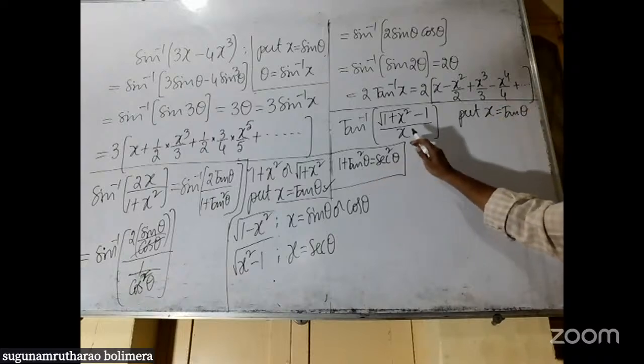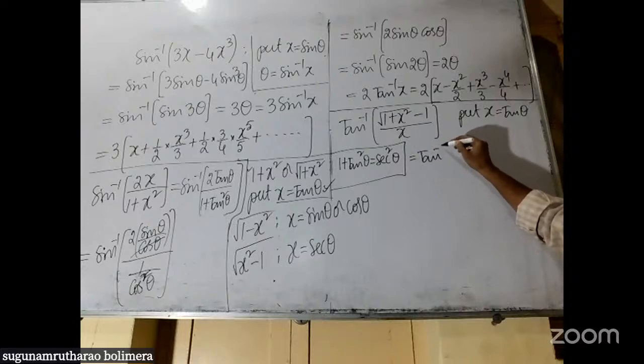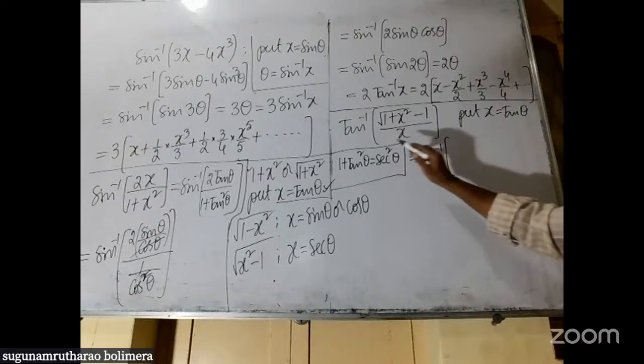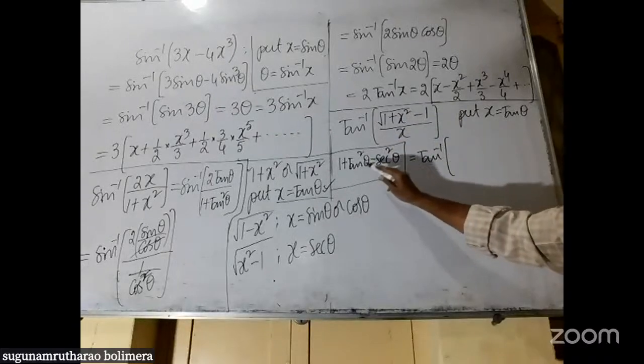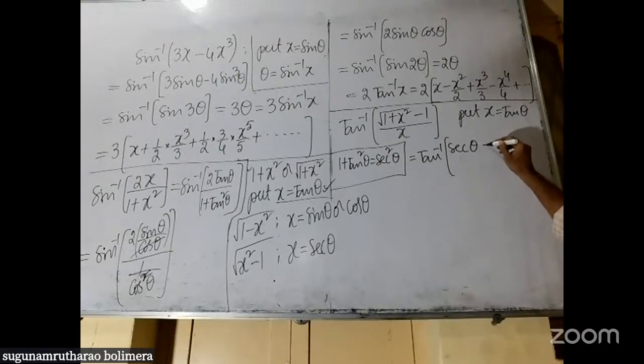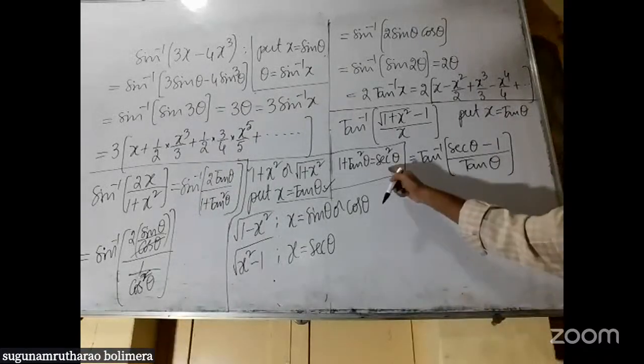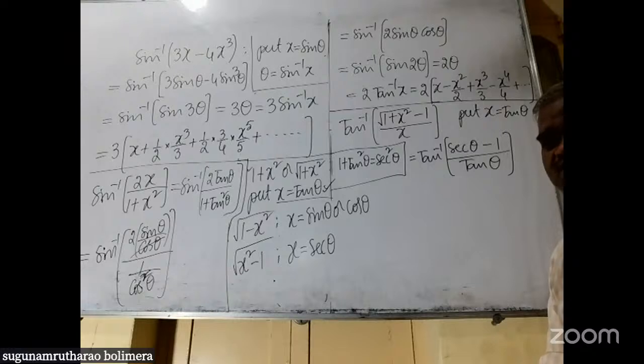So 1 plus tan square theta is secant square theta, and the root is nothing but secant theta. This is tan inverse of secant theta minus 1 by tan theta.